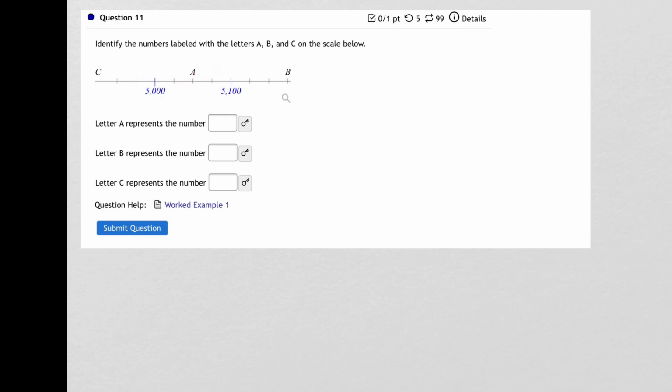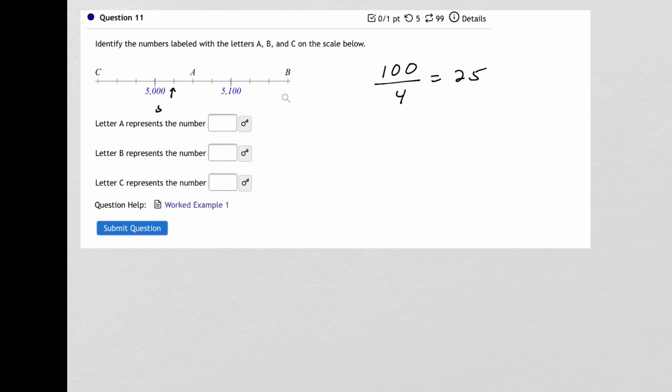So each of those must be, well, we can think about this, right? The distance from 5,000 to 5,100 is going to be 100. And then if I divide by 4, that's going to be 25, right? So let me do each of these.